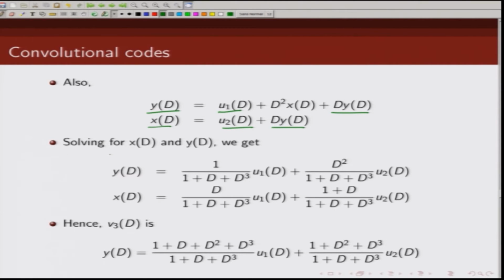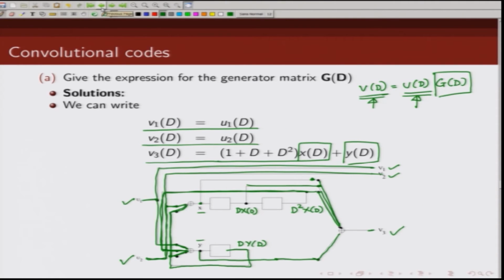So, if we solve this, what we get is y of d is given by this and x of d is given by this. Now, we plug these values of y of d and x of d into this expression of y3 of d.